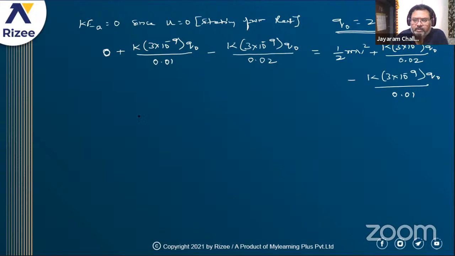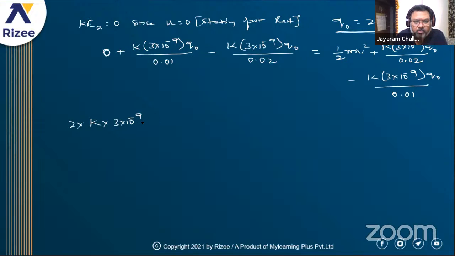So next, on solving, getting all these things to one side. If I bring it to this side, it will become plus. So if I take K into 3 into 10 to the power of minus 9 as common, these are the two things.